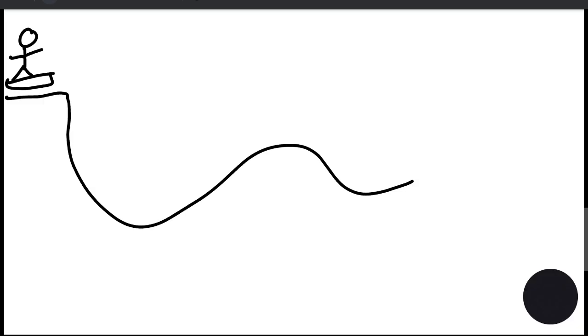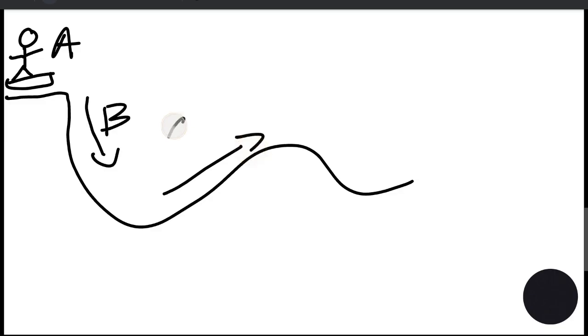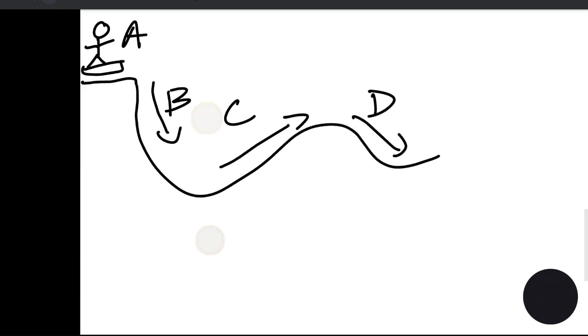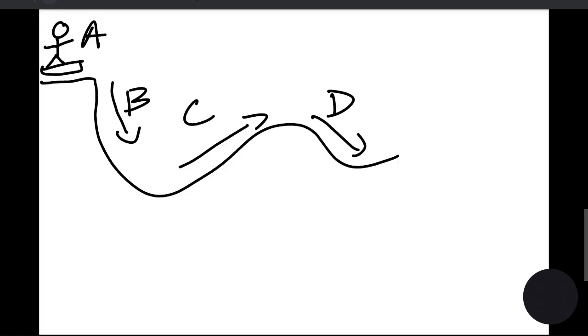What is the point that the kid's gonna have the highest kinetic energy? So this is A. Let's say if the kid goes down, this is B, goes up, C goes down, and D.